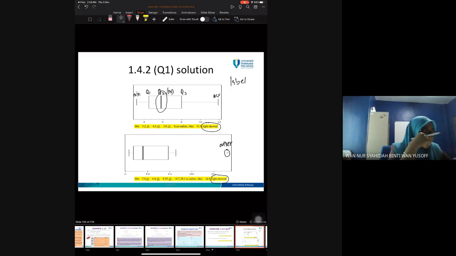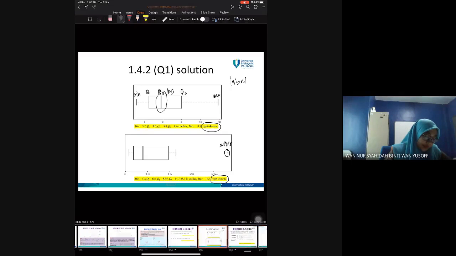If you have left skewed, then most of the data is concentrated at the right of your box. That is what you can write based on the shape of your box plot.